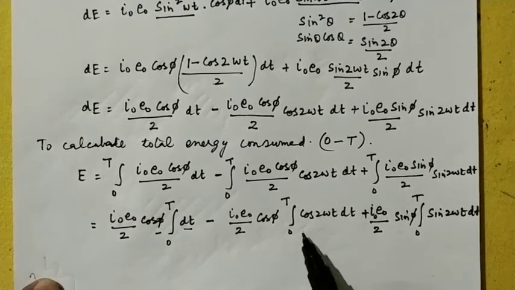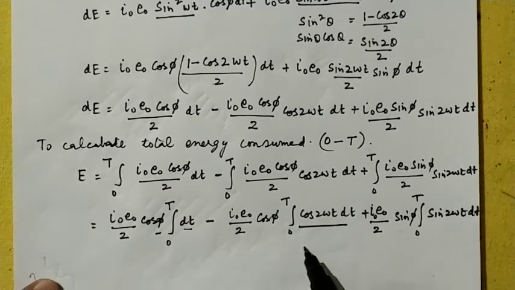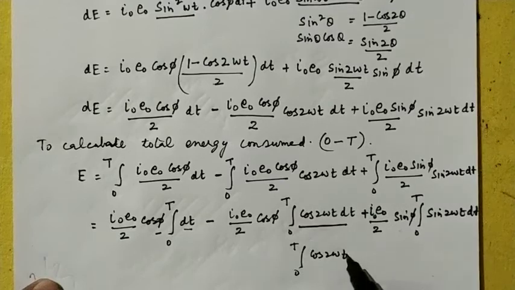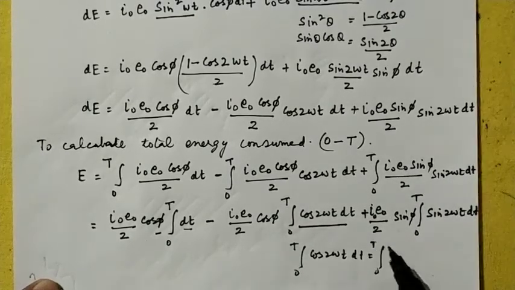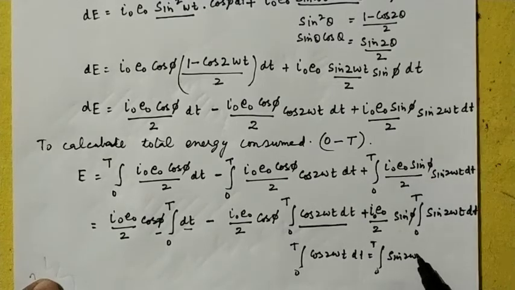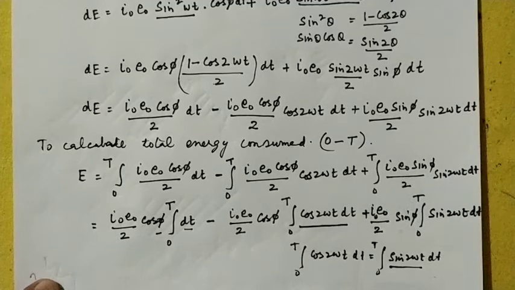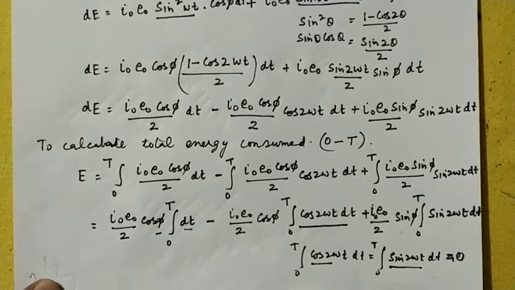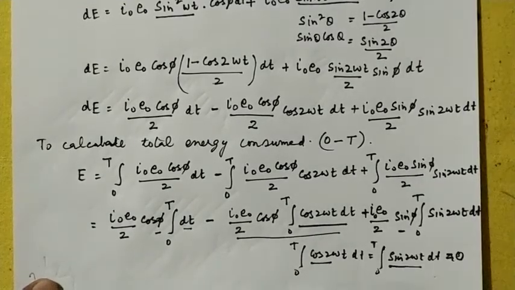Now for a complete cycle, the integral of cos 2 omega t, that is 0 to T cos of 2 omega t dt, and the integral of sine of 2 omega t dt, for a complete cycle of sin 2 omega t and cos 2 omega t, the integral is equal to 0. So this term is equal to 0 and this term is also equal to 0.